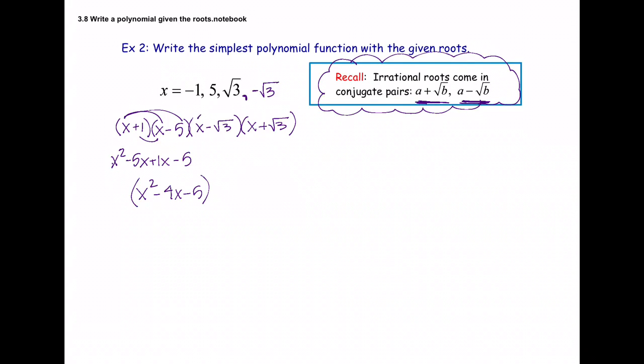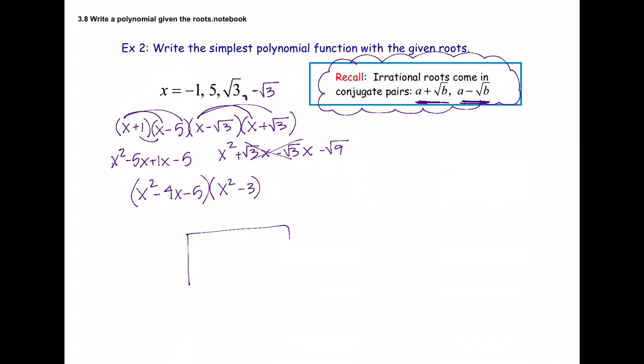When I combine my factors with radicals in them, I get x squared, plus square root of 3x minus square root of 3x minus the square root of 9. When I combine my like terms, I get x squared. My positive and negative root 3x cancel out. Square root of 9 is 3, so I get x squared minus 3.